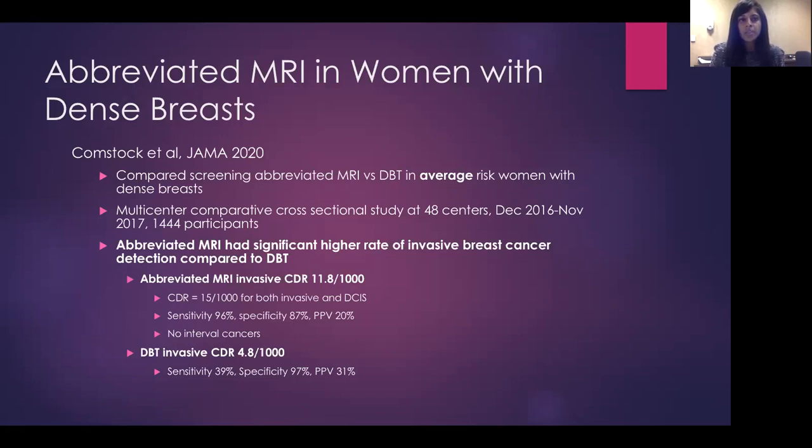Once we do begin abbreviated MRI, here at Charlotte Radiology, we will specify what patients will qualify for this. I don't know that we're going to be at a point where we will be allowing average risk women with dense breast tissue, but this may be something where we go towards in the future.